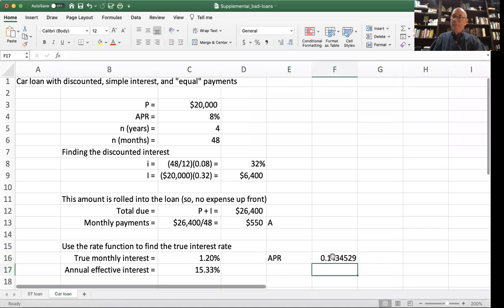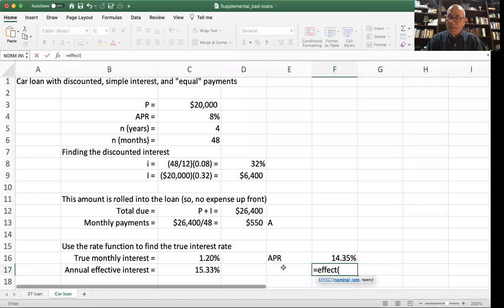So your APR should be described as 14.35%. And once you have that, you can find the annual effective interest with this function called effect.